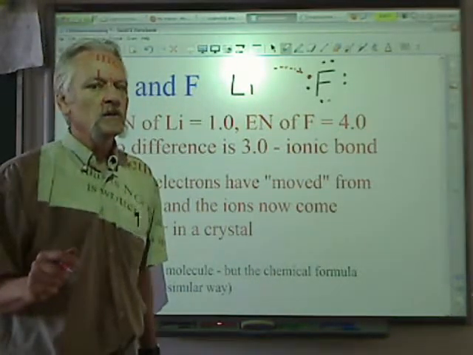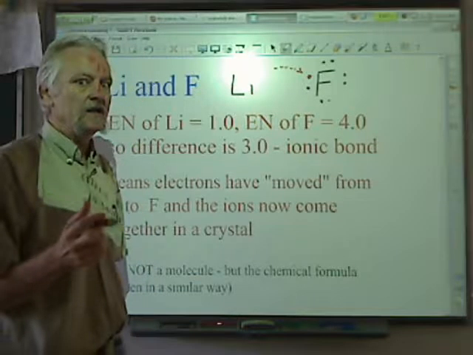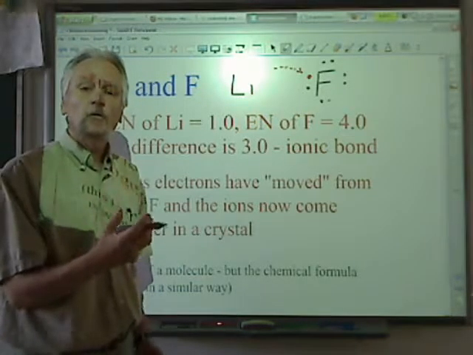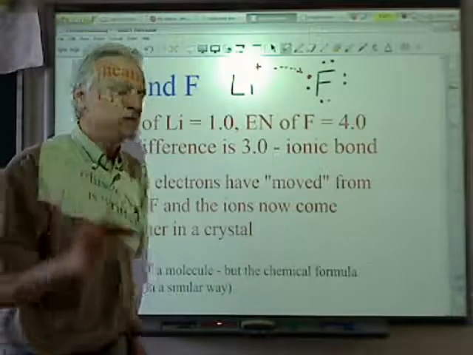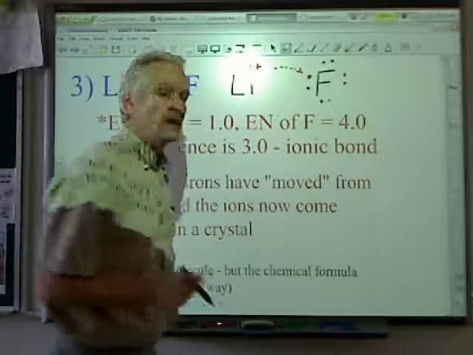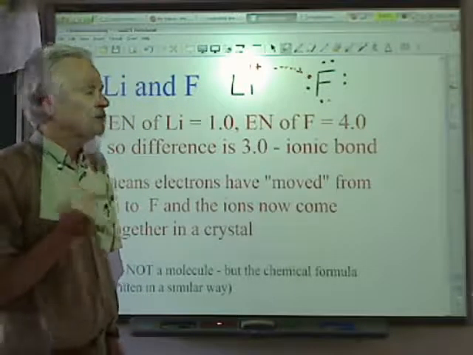Lithium now is isoelectronic with helium, meaning it now has only 2 electrons, a full 1s shell, and has a positive charge. A full positive charge, which perhaps I should begin to write to distinguish them from partial charges.